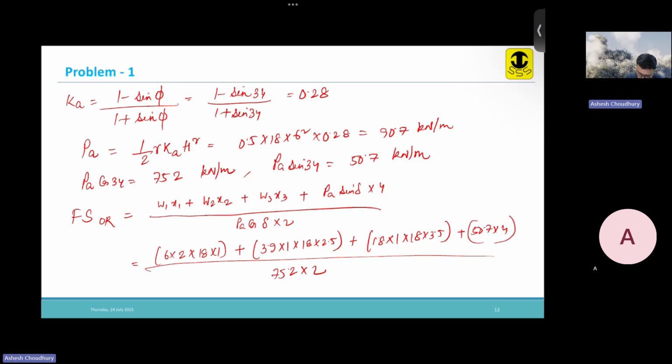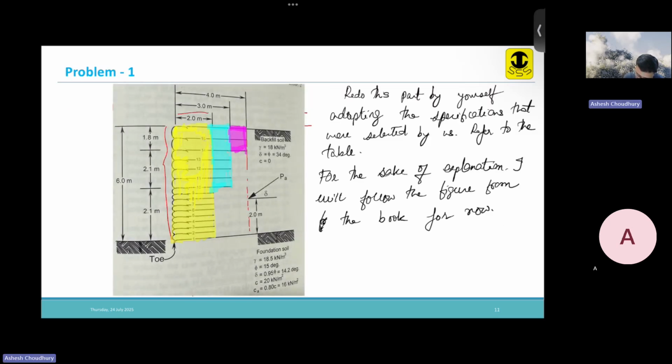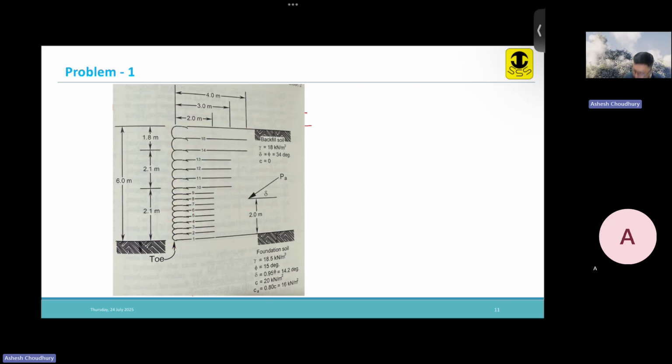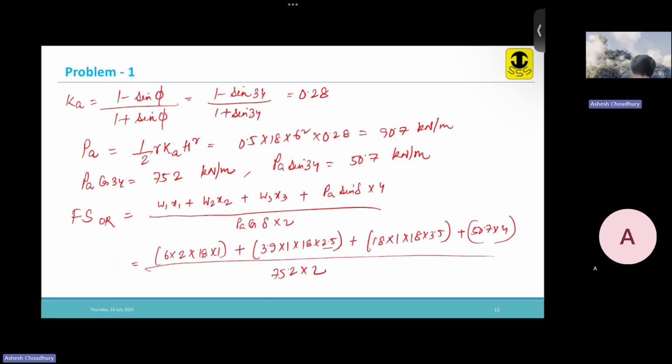Okay, and the lever arms you understand, right? This weight will be acting at the center here, so 2 by 2, that is 1. This one acts at the center, which is 2 plus 0.5 from here to here, so it will be 2.5.